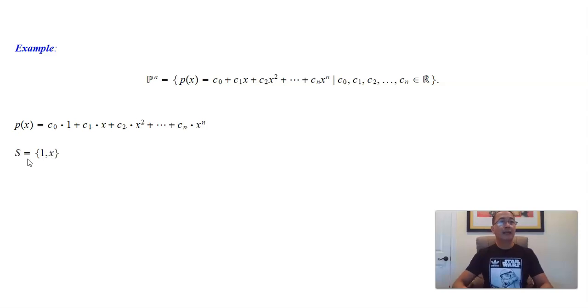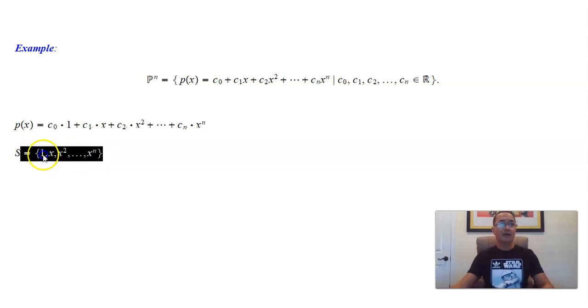So the monomials 1, x, x squared, and so on, up to x to the n. I want to point out to you, how many monomials do you see here? You might say n, but no, not quite, because that's x to the 1, x to the 2.